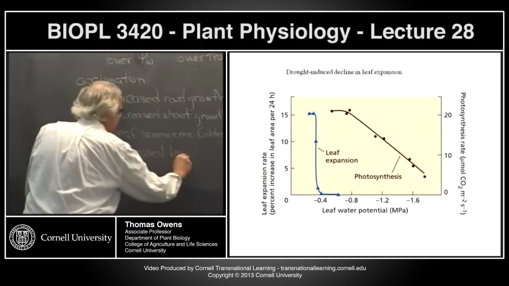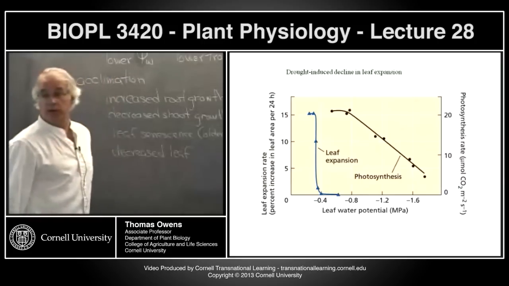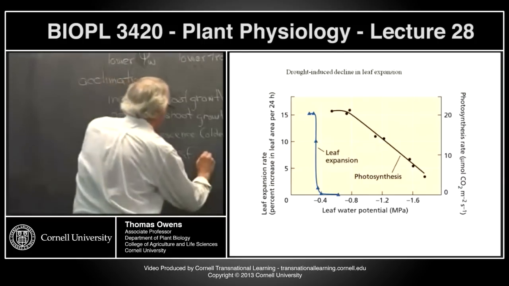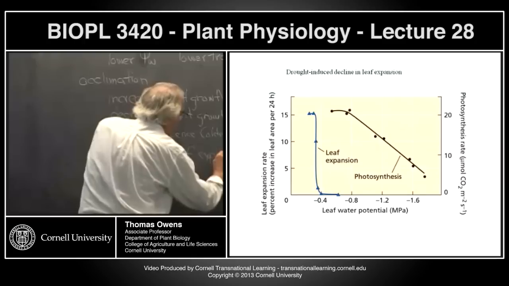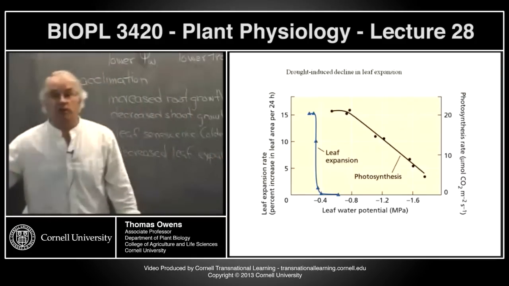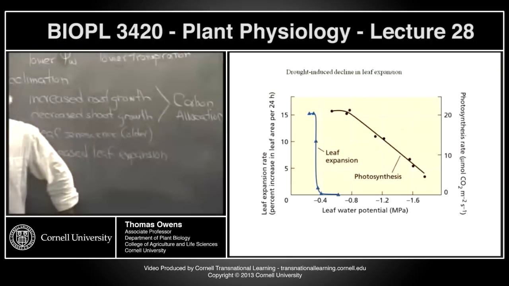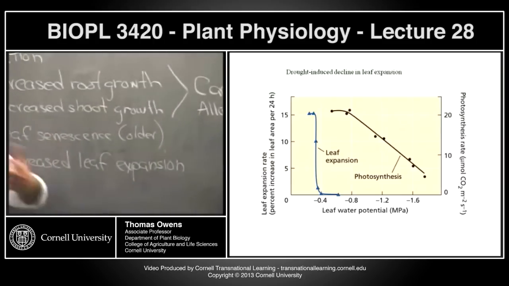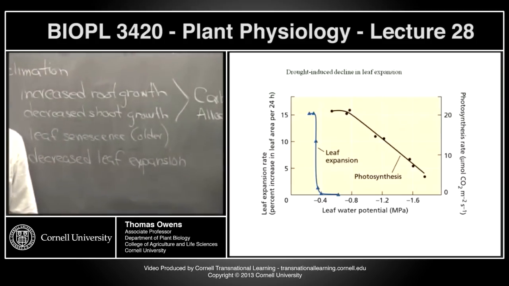So for the leaves that are made on the leaf primordia, they grow more slowly. One thing you could say is, well, under stress conditions the plant's doing less photosynthesis, and therefore it has less capacity to grow, right?